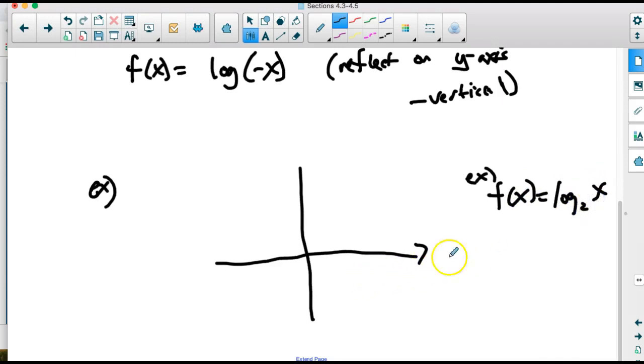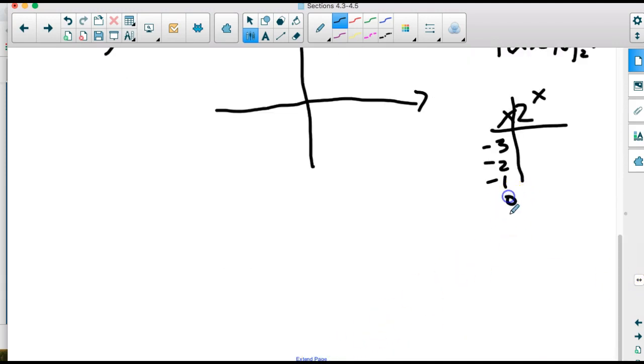Basically we would graph the exponential function 2 to the x and then switch the values around for the logarithm. So -3, -2, -1, 0, 1, 2, 3.